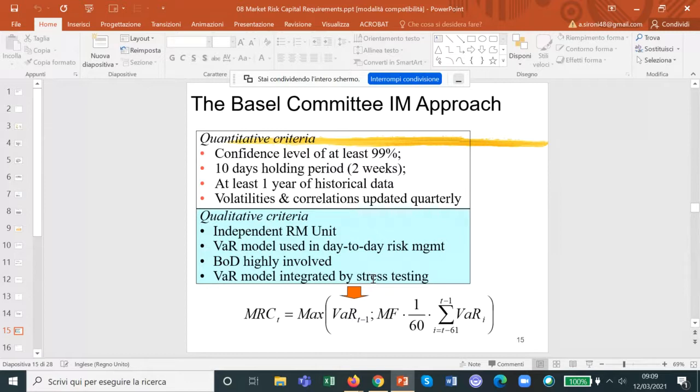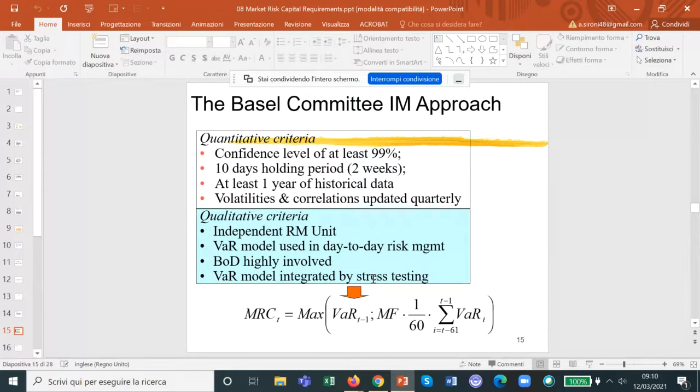Second, the value at risk model must be used in day-to-day risk management. You can't simply have a number of people doing number crunching and computing value at risk. You need to use it in day-to-day management, i.e. the applications we saw last time: risk limits, risk-adjusted performance, and so on. If you don't use it, it means you don't trust it. So why should I, the regulator, trust it?